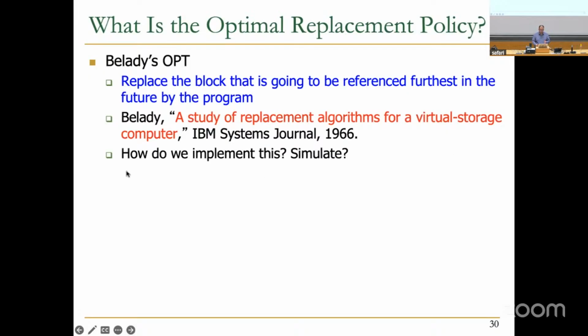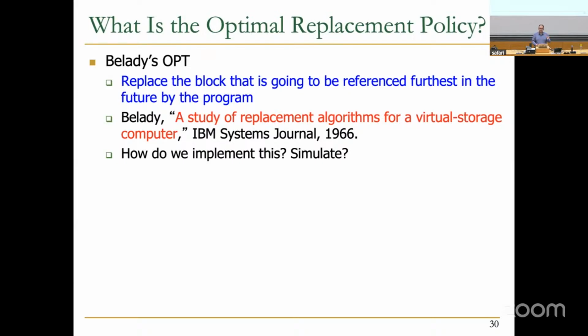But how do we implement this? Is it implementable? Probably not, because you need to have information from the future. And if you think about it, that can break the causality of the system, right? Your system might not be causal anymore because you need information from the future to implement your current decision.